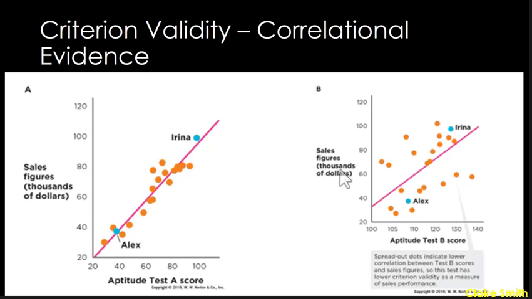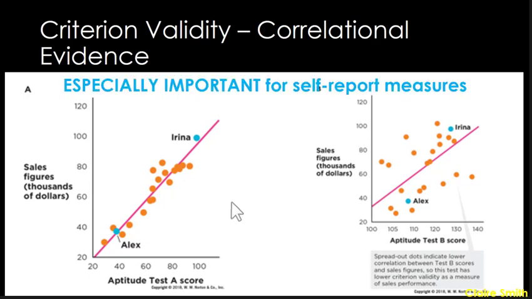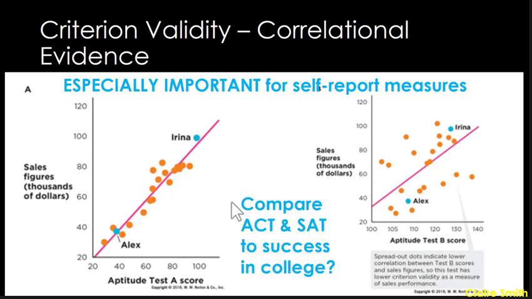So it's criterion validity, basing our validity off of known criteria that we have, and this one is correlational evidence. Okay, this is especially important for self-report measures, and an example that might hit kind of close to home for you guys is taking the ACT or SAT to get into college.